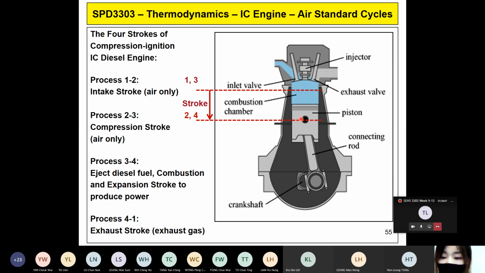During the combustion, we keep injecting the diesel fuel, and the piston moves downward to give you work output. So that's the difference. You need to remember this difference, okay?